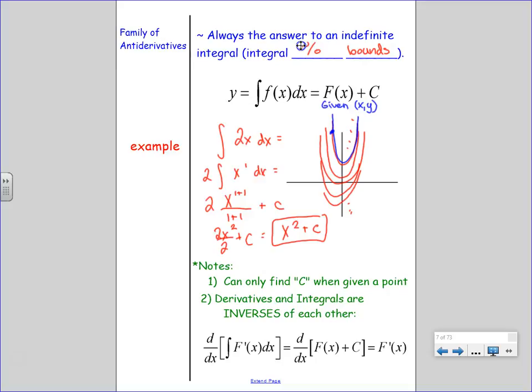Negative cosecant squared. So what's the integral of cosecant squared? Negative cotangent plus c. What's the integral of sine? Negative cosine. We gotta train our brains.